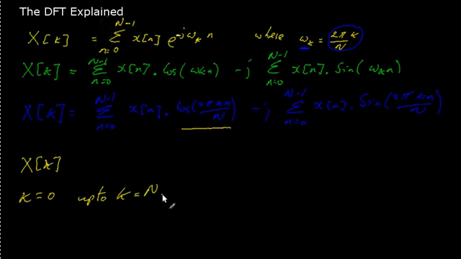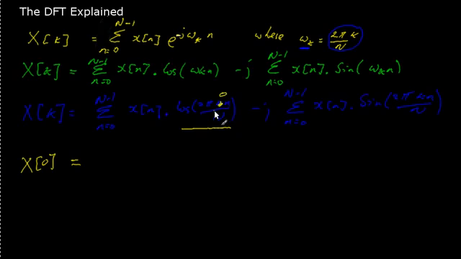That's what it's evaluated for over that range of values. When k is equal to 0, let's take a look at this expression. All of this is equal to 0. So really what we have is the cos of 0, which is equal to 1. So that expression becomes the summation of n equal to 0 up to N minus 1 of x of n multiplied by 1.